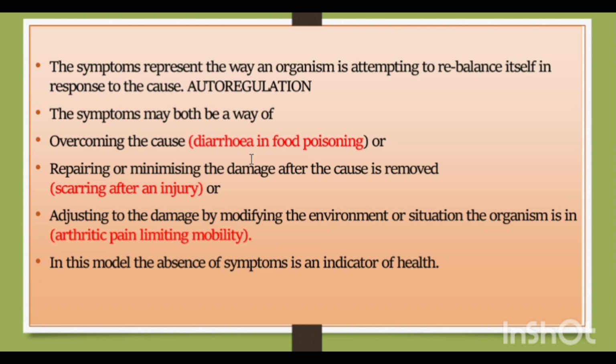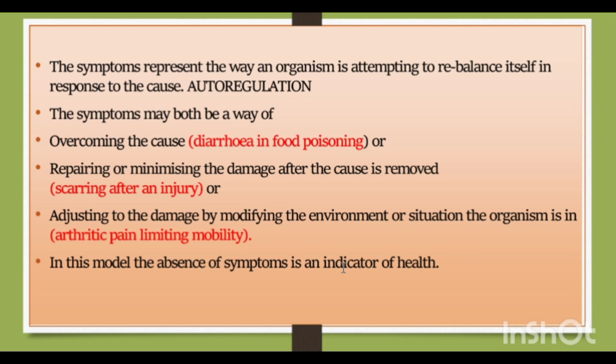Repairing the damage: a scar forms after a cut to heal the skin. Adjusting to the damage: arthritic pain makes you move less to protect the joint. So in this model, no symptoms means the person is healthy.